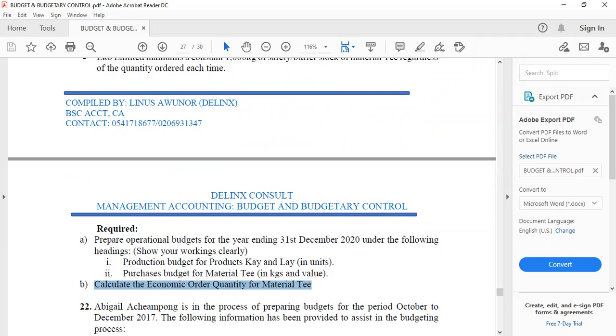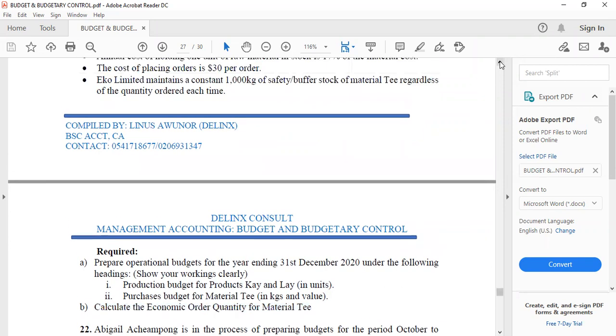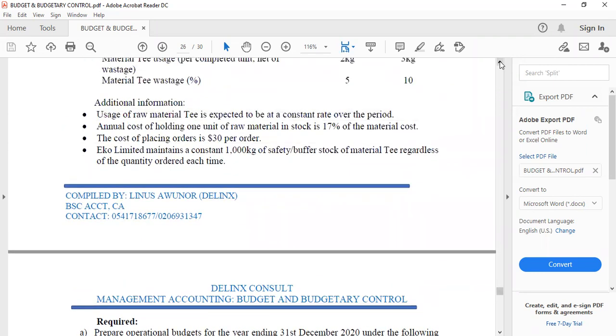With this additional information, is the fourth one relevant or not? It's relevant to the economic order quantity. Maybe a desired level of stock, that is closing stock, would have incorporated it.